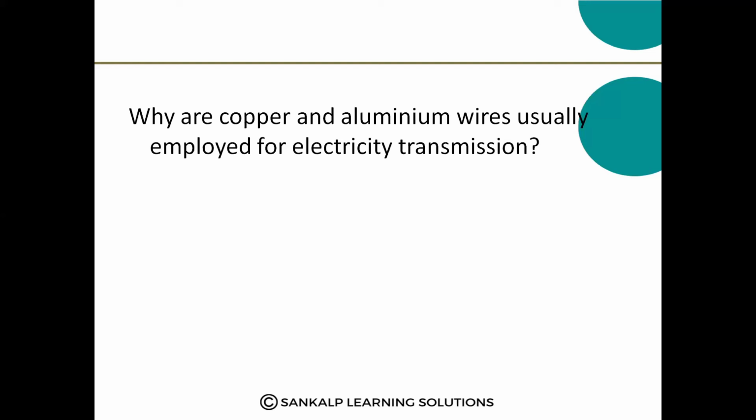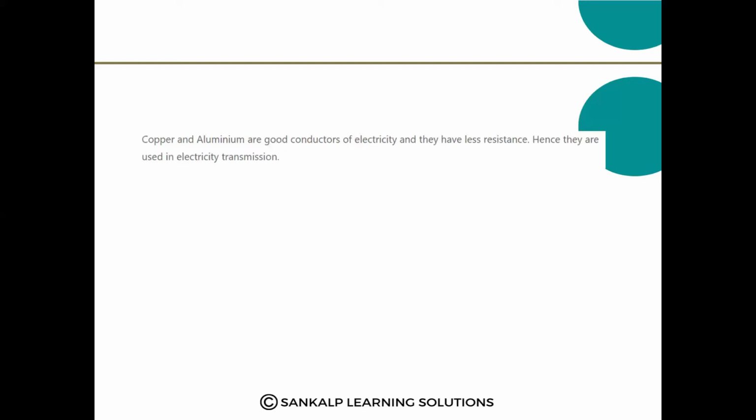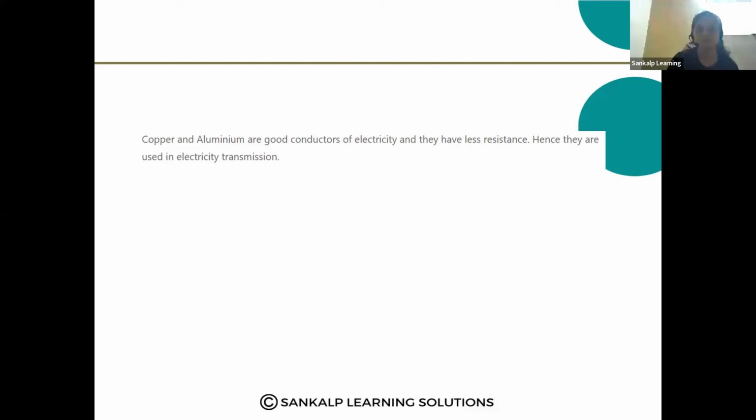Because copper and aluminum are good conductors of electricity, and they have less resistance. Because of that reason, they are used as wires for the conduction or transmission of electricity. Note down the question and answer also.